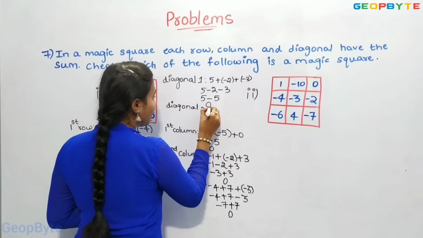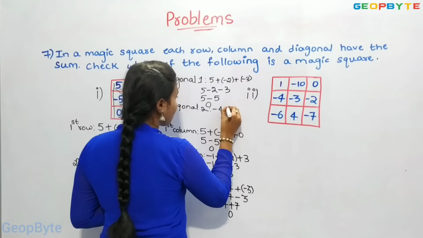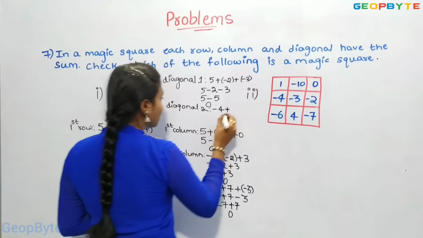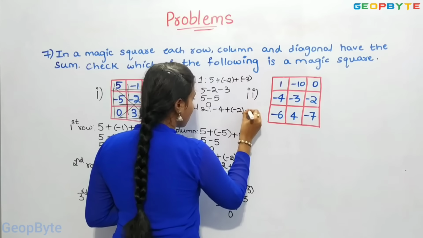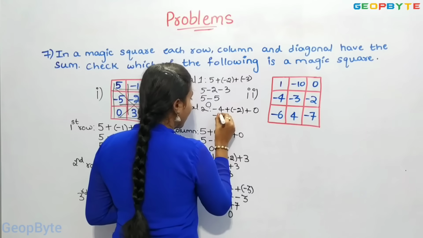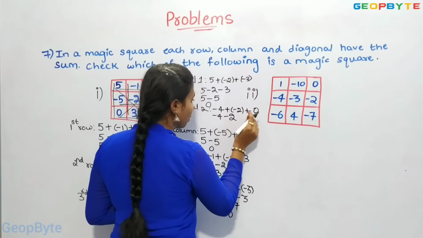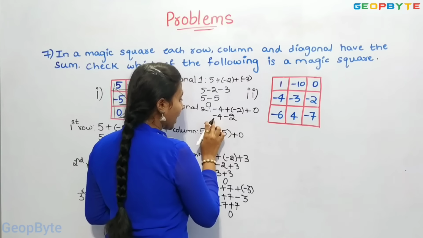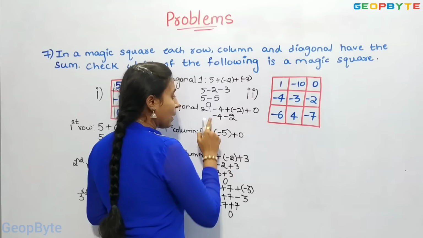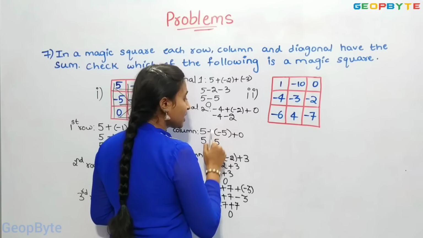Diagonal 2. Minus 4 plus minus 2 plus 0. Minus 4 plus into minus, minus 2. 0 is negligible. Minus 4, minus 2. Minus into minus, plus 4 plus 2 is 6.